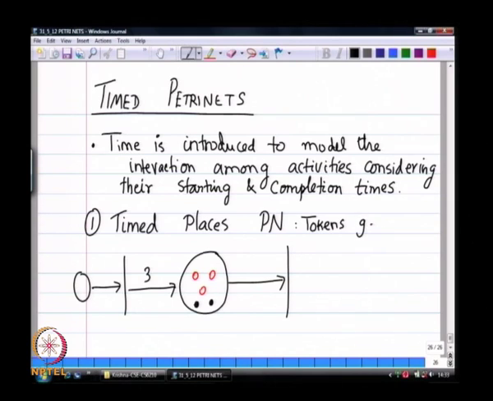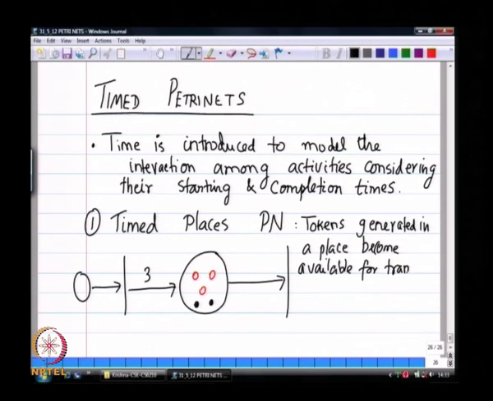So the tokens generated in a place become available for transition only after some delay.